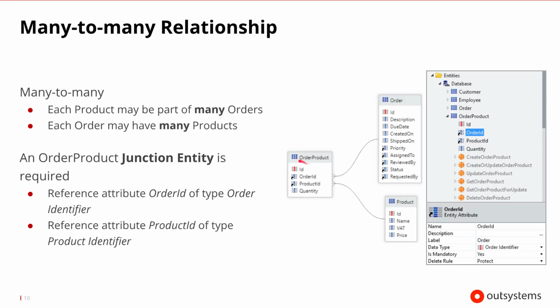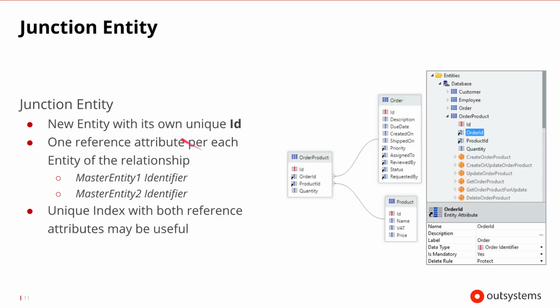So what we do is we create order product, and it relates which order is part of the order product and which product is part of it. And then for that particular order where that product is used, we'll determine how many of those things were ordered. So when we create many-to-many relationships, we have to set up this junction entity. A lot of times the junction entity takes the name of the two entities that it's joining.